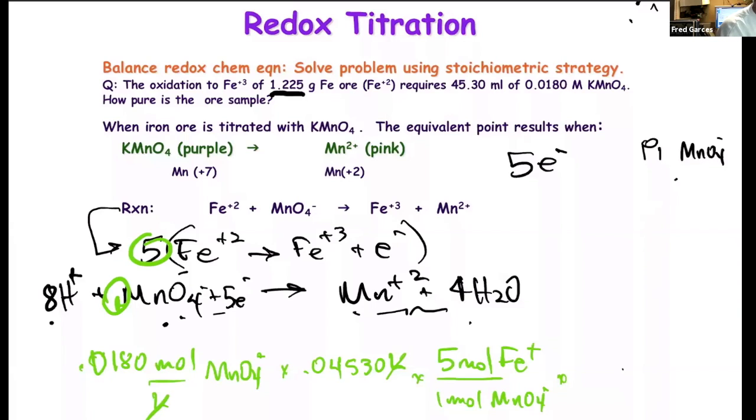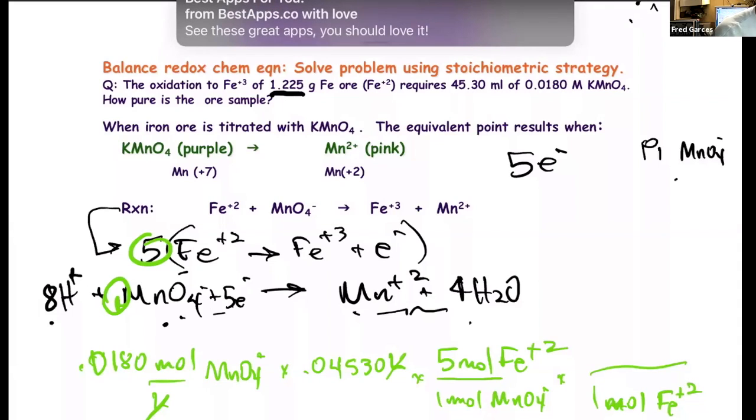I know that iron has a molar mass of 55.87, let me just double check. So iron has an atomic weight of 55.85, pretty close. So for every 1 mole of iron, and that's +2, remember, the molar mass of iron +2 is equal to the molar mass of iron +3, which is equal to the atomic mass of iron, 55.85 grams.